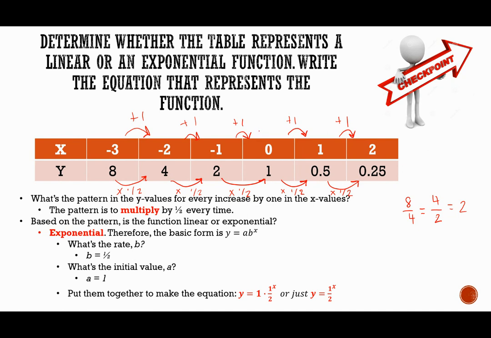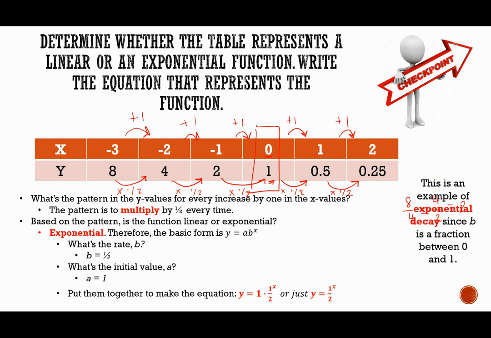How do I know it's 1? Well, when x is 0, that corresponding y value represents my initial value. So anytime you see x being 0, that corresponding y value is your initial value.